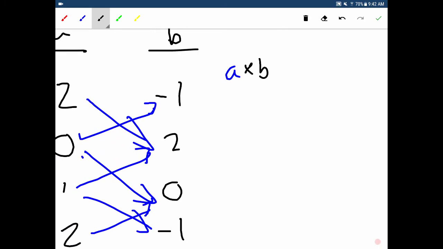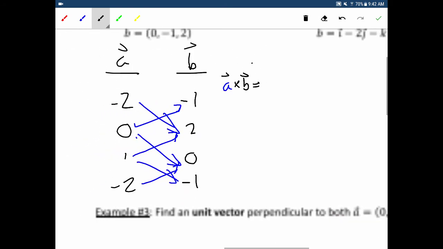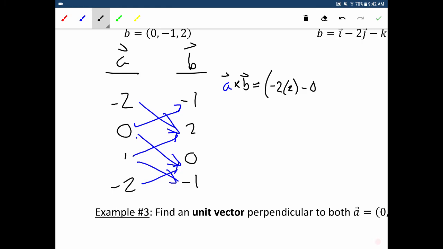Okay, which gives us A cross B is equal to, I didn't give myself enough room. Okay, so we're going to have -2 times 2 minus 0 times -1.